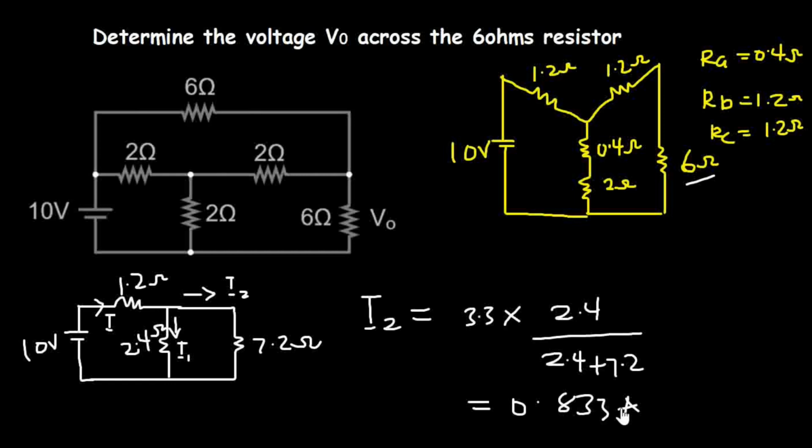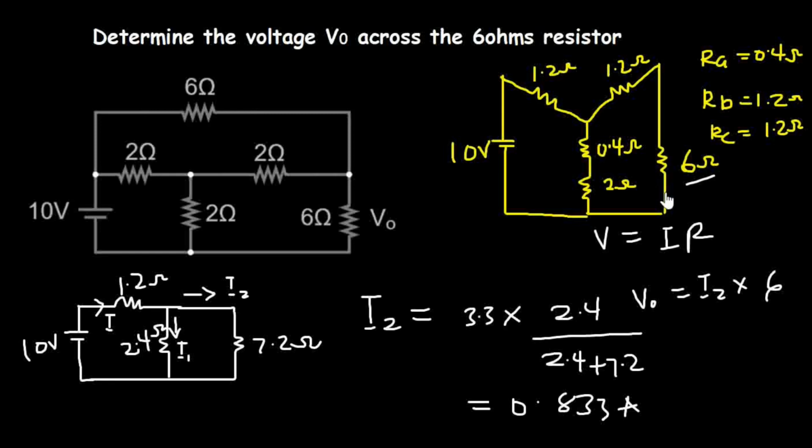We can now calculate the voltage across this resistor. So you know that voltage equals current times resistance. So therefore V naught will be equal to I2 times the 6 ohms resistor. This is because this current I2 is flowing through this branch here, that will pass through this 7.2 ohms resistor, and this 7.2 ohms resistor is the same as this 1.2 ohms and this 6 ohms separated.